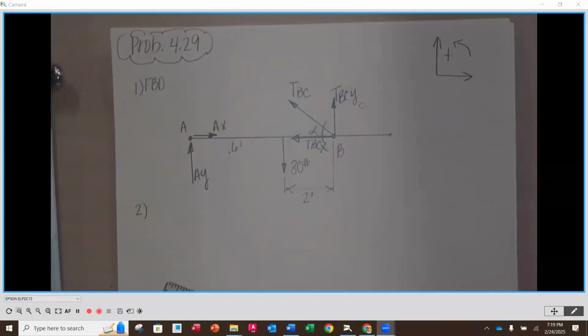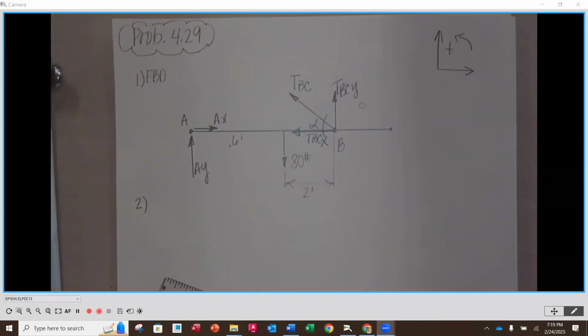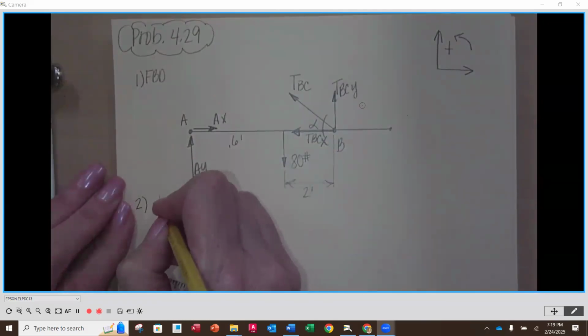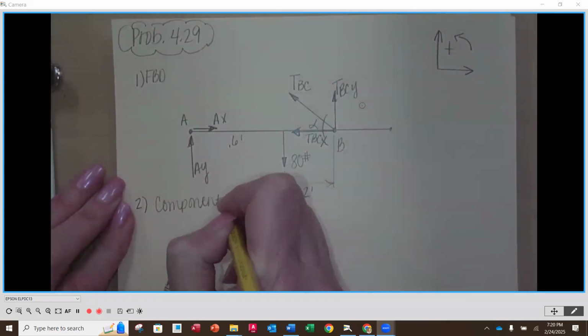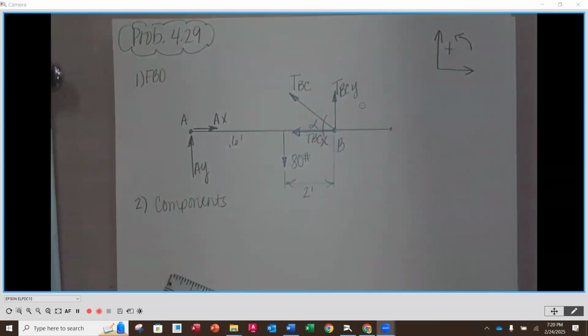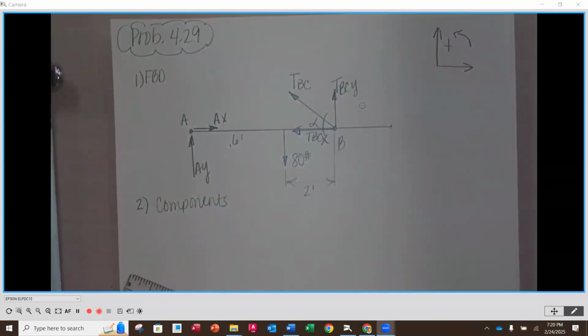All right, so next step. What do you think? Components. Yes, Nicholas says components. So go ahead and calculate your components with your X and Y in terms of their hypotenuse, or the tension in that cable.